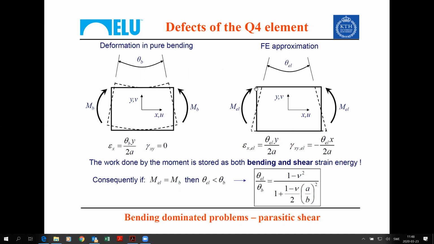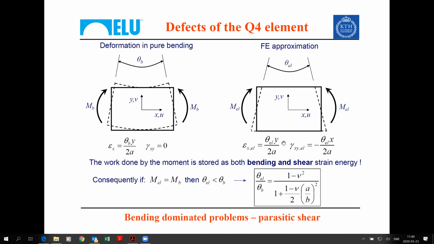The only thing that our form functions can do is to predict a linear variation of the displacement V along this edge. And it will result to be 0. So at the end of the day, this is the real displacement. The approximation of the real displacement field within our element is like this, straight edges.